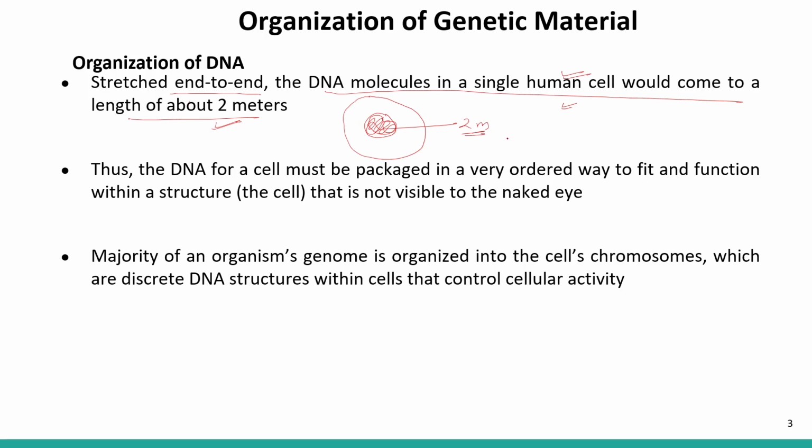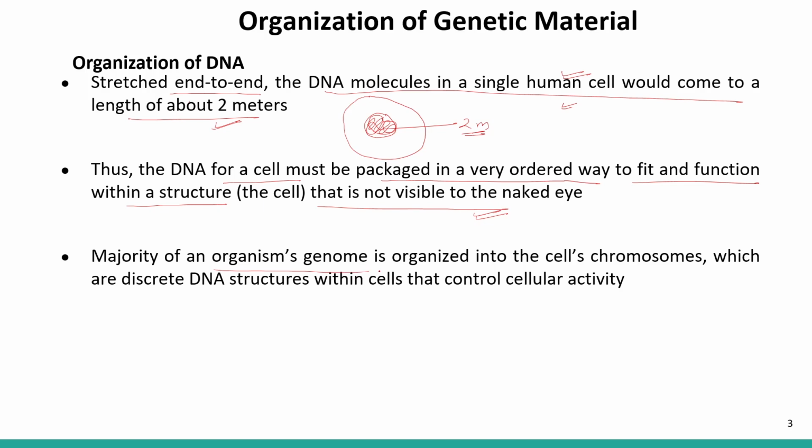So you can imagine how organized and packaged it is. The DNA for a cell must be packaged in a very ordered way to fit and function within a structure that is not visible to our naked eye.